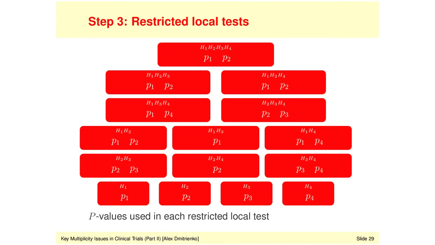The same principle is applied to the remaining intersection hypotheses in this family, and as a result, we end up with a set of decision rules that fully respect the predefined logical restrictions.